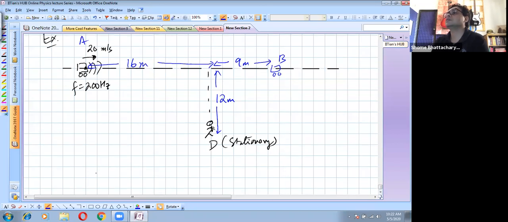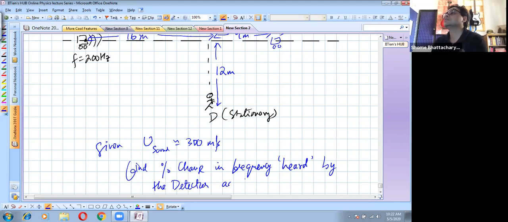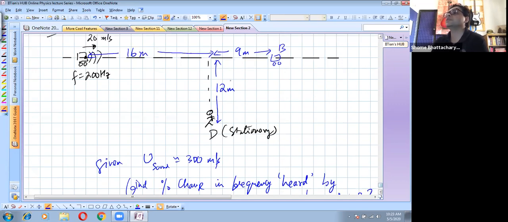So given that the speed of sound has an approximate value of 300 meters per second, you have to find the percentage change in frequency heard by the detector as the source moves from A to B. So as the source is moving from this point to this point, what is the percentage change in the frequency that is heard by the detector?